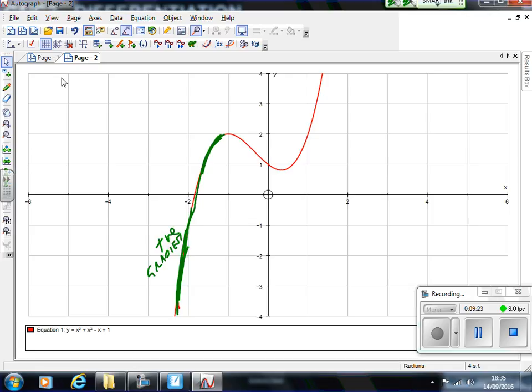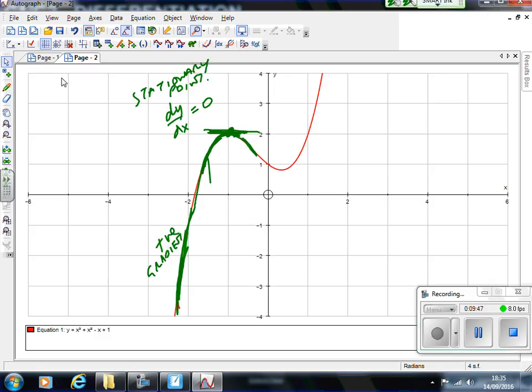Its increase begins to decrease until we get this flat bit here. Now this point on the curve where we get a flat tangent is when dy by dx equals 0. This is a stationary point. A stationary point is when the gradient equals 0.